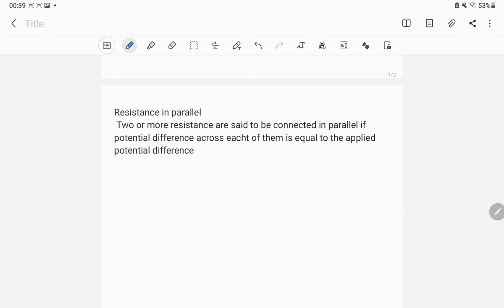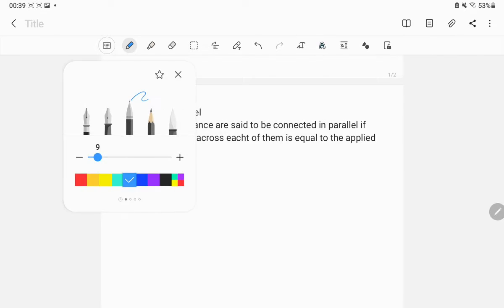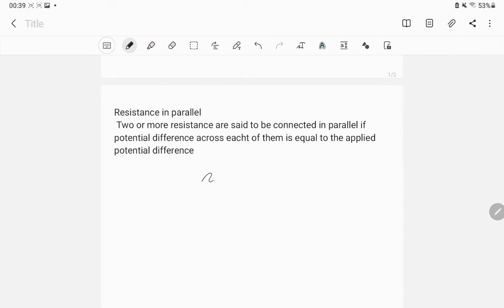Okay, next is resistance in parallel. Two or more resistors are said to be connected in parallel if the potential difference across each of them is equal to the applied potential. Parallel means all the resistances should be in parallel. So parallel is this one.